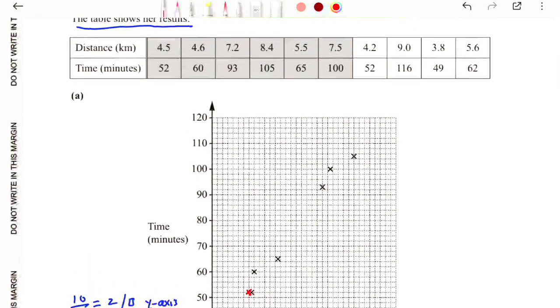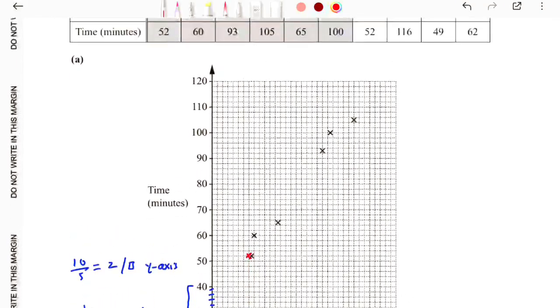Now 9 and 116. 9 is here and 116 would be here. 110, 112, 114, 116 would be here.